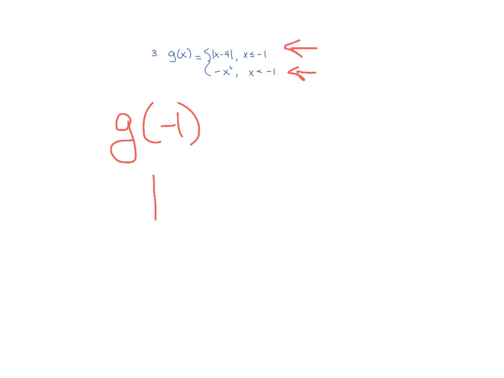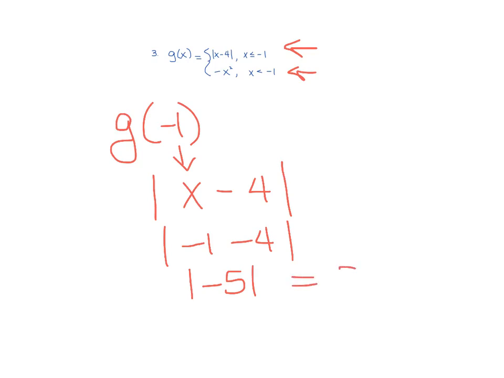So I'm going to take absolute value of x minus 4, put negative 1 in there for the x, do what's in the bars, and then take the absolute value. So g of negative 1 equals 5, again written as an ordered pair, (negative 1, 5).